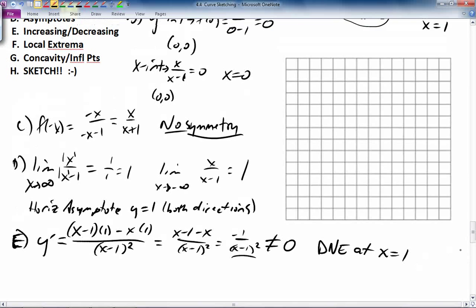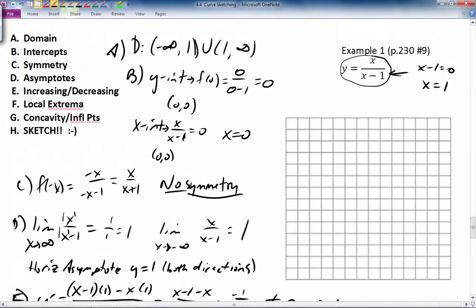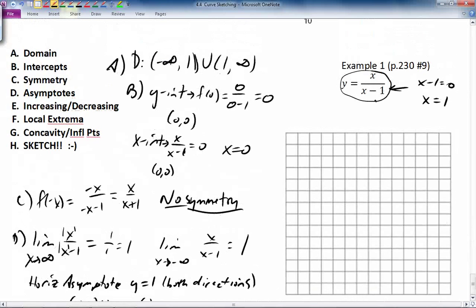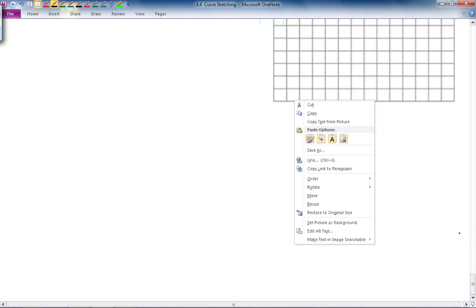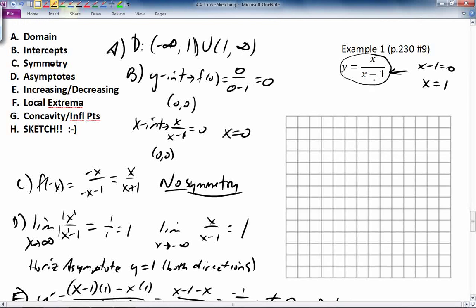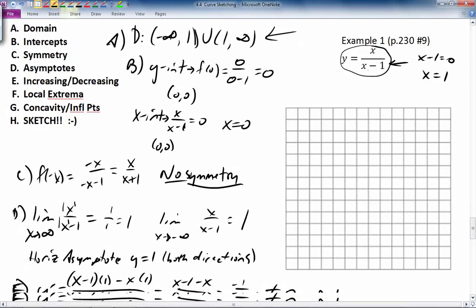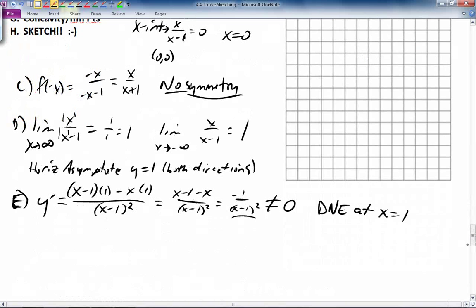Now, is x equals 1 a critical number? Could x equals 1 be an extremum? No, because the original function is not defined at 1 either, as we noticed in our domain. So it's not a critical number in the sense that it cannot be a local maximum or a local minimum.